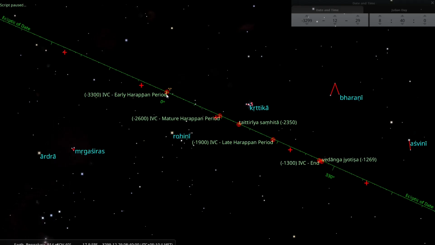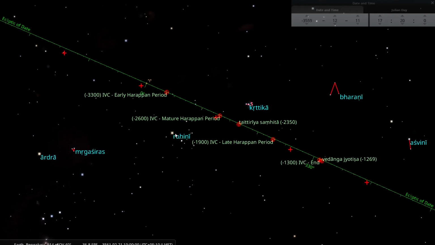Just started, and it took so much time to become mature. Then it stayed mature and then started declining, and finally ended here. This is the entire timeline of the Indus Valley civilization. But we have to go further back for Vasanta Vishuvat to get to Mrigashira.